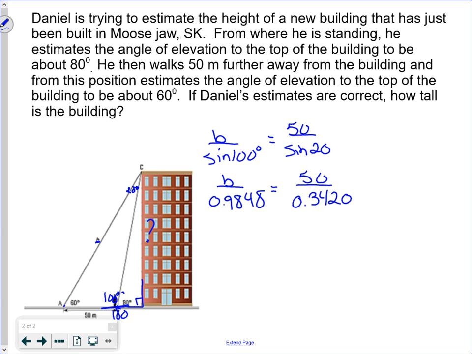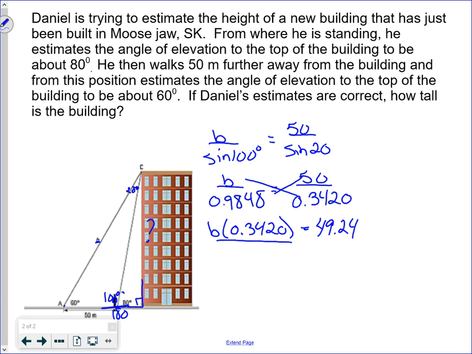So now we'll cross multiply. So we'll have B times 0.3420, and this will equal the other two multiplied together. So 50 times 0.9848 is 49.24.